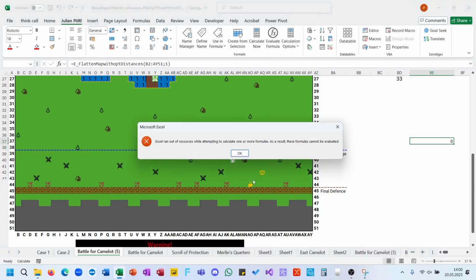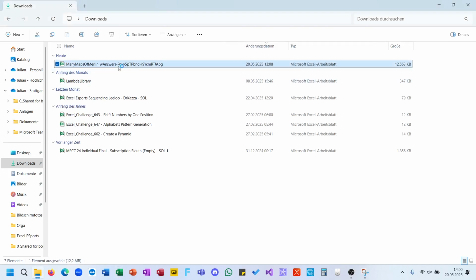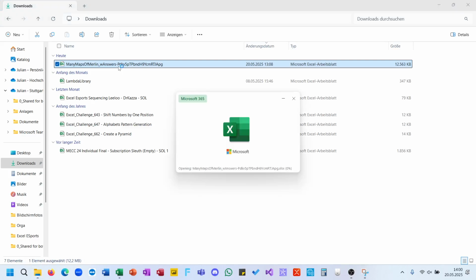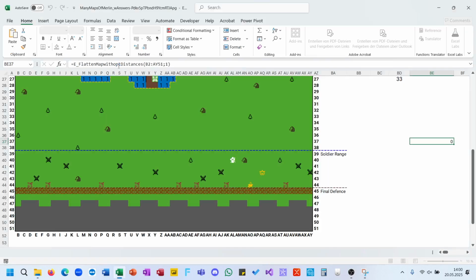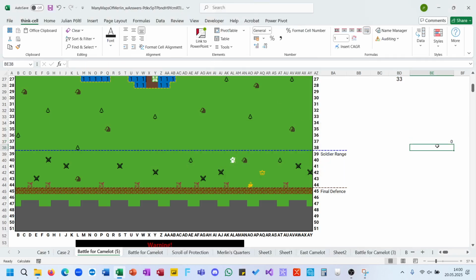This is so horrible. And I don't know what to do. I've turned off all calculations that are non-necessary. And it still will not work. So, yeah. Okay, it has calculated.